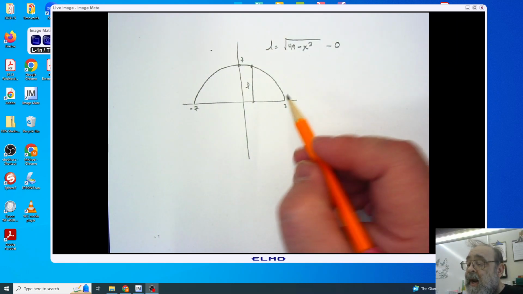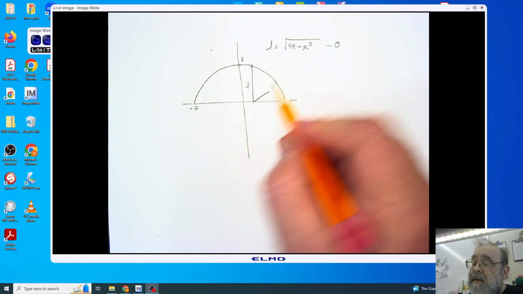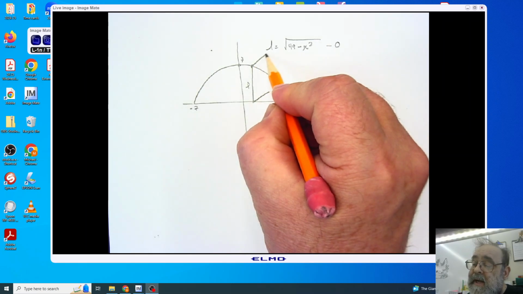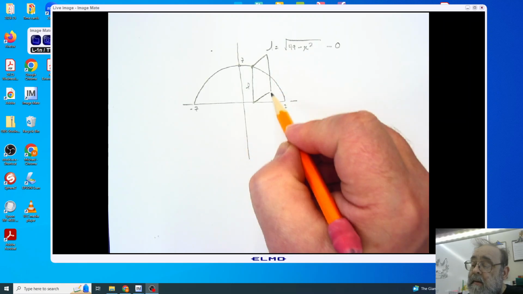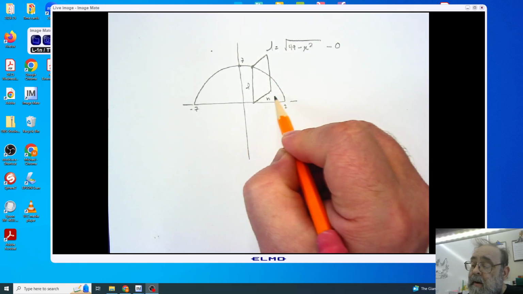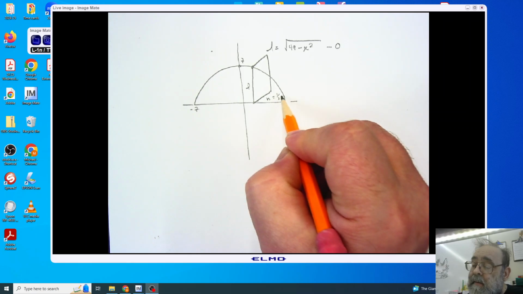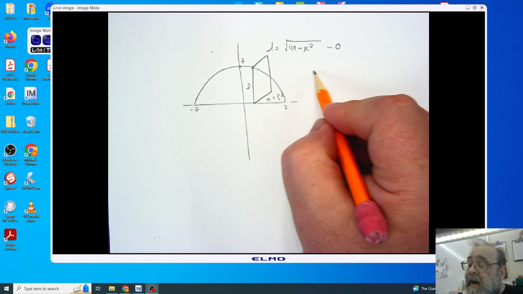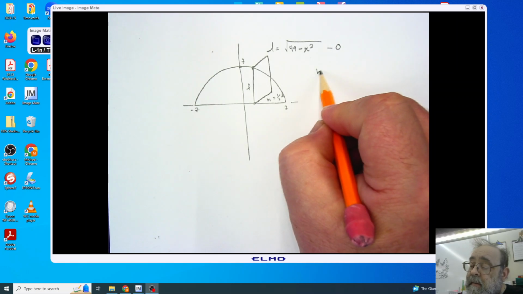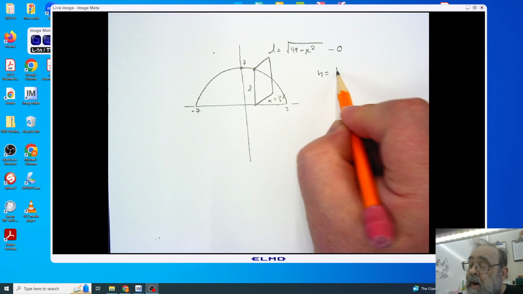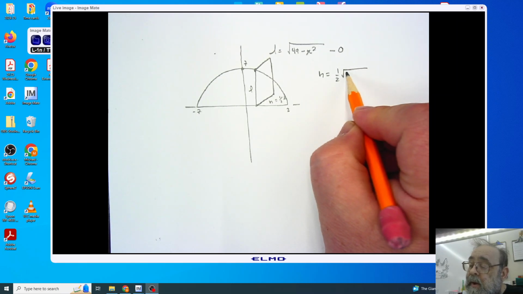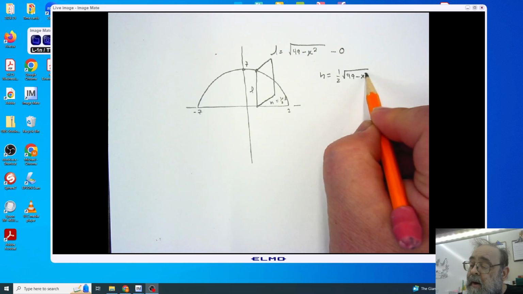And this is giving me my length. My height is coming up. This is sticking up out of the plane. And this height right here is half the length. So I'm going to make sure that I have my height. And my height is going to be 1/2 the square root of 49 minus x squared.